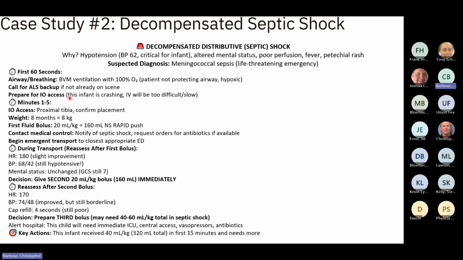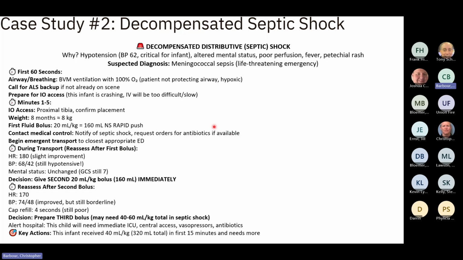And this infant is probably close to going off the edge of that cliff. I think 8 kilos. I don't know how many people are going to feel confident about getting an IV in an 8-kilo kid whose blood pressure is super crappy. I would probably go to the IO quickly on this child.